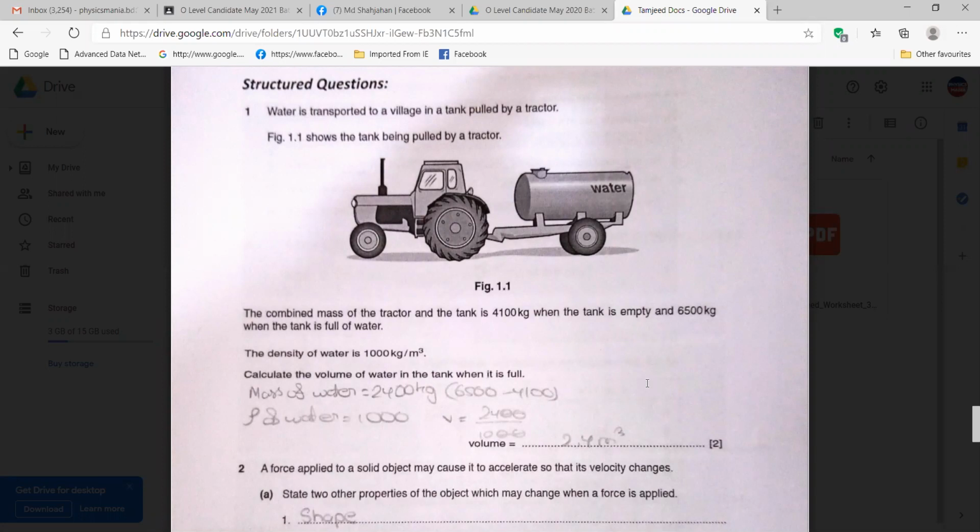Okay. Here you got the volume of water in the tank when it is full. Density of water is given. So mass of water you found, how much?